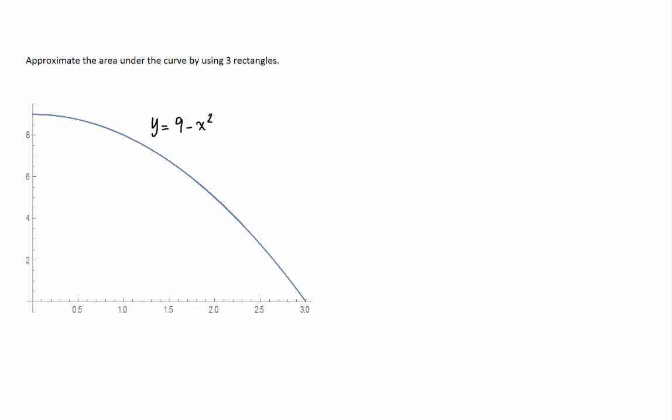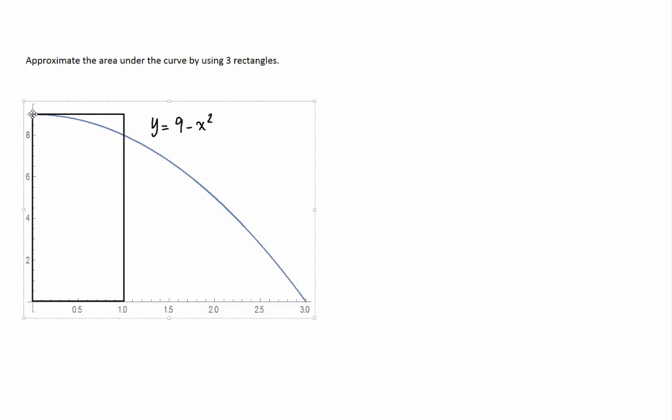And how do you do that? Well, grab the first rectangle and make it correspond. In this case, I'm going to do it with 3 rectangles. Oh, I did it wrong. Try again. There we go. So make it correspond with x equals 1 and make it correspond to the height at x equals 0.